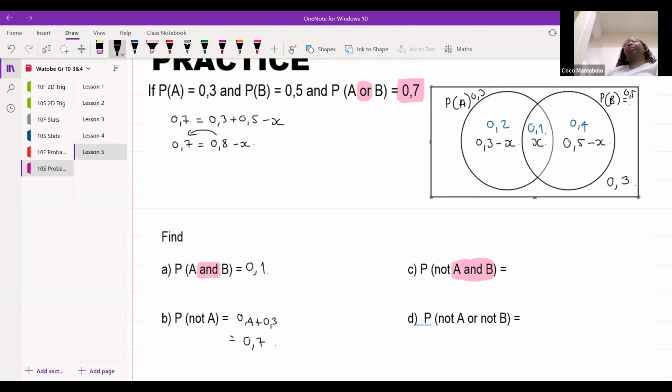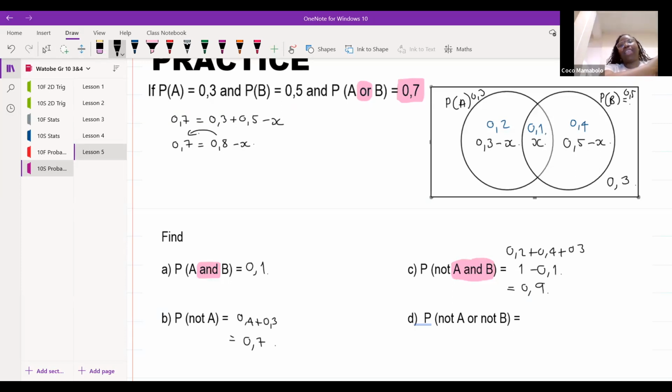We know that the full probability is 1. So I can just go 1 minus the not, and that's going to give me the same answer. I'm also going to get 0.9. You see that? So we can either go 0.2 plus 0.4 plus 0.3, or we can just say 1 minus the not, and we'll still get to the same answer.